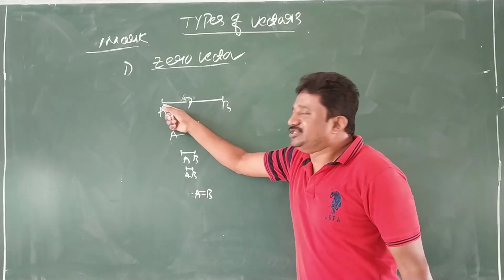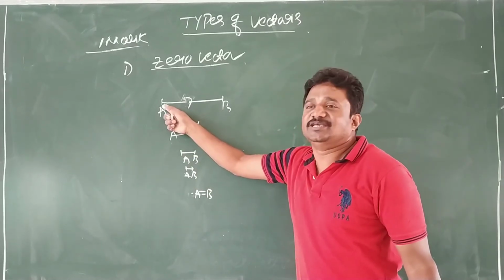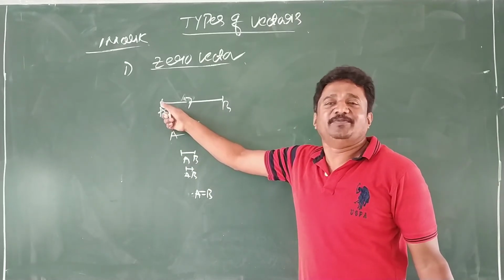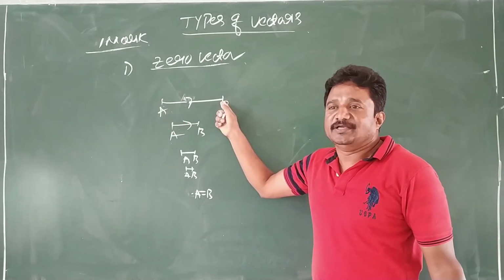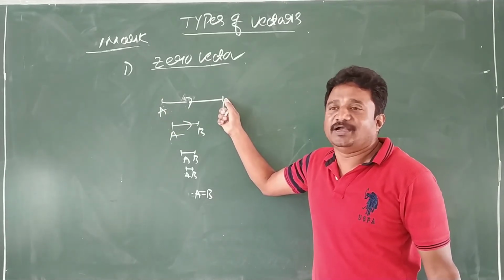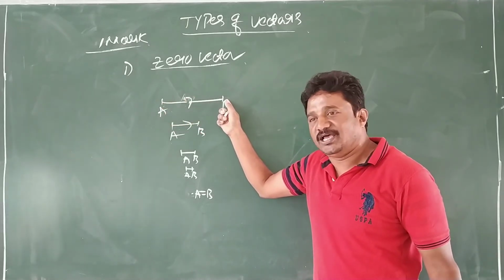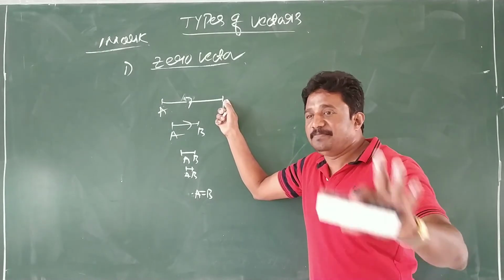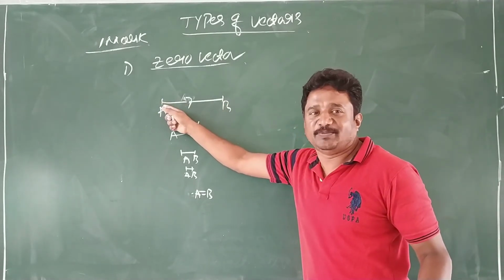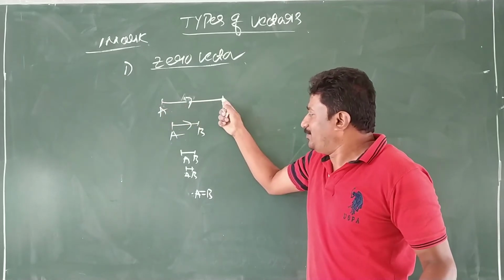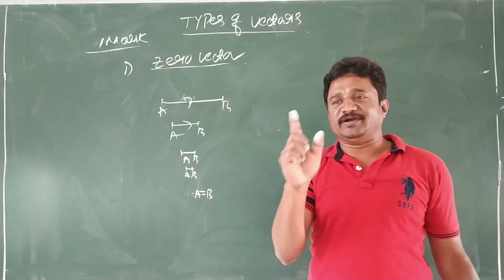Initial point means starting point. Terminal point means end point. End point is also called terminal point. Starting point is also called initial point. If both initial and terminal points coincide, then that vector is called zero vector.